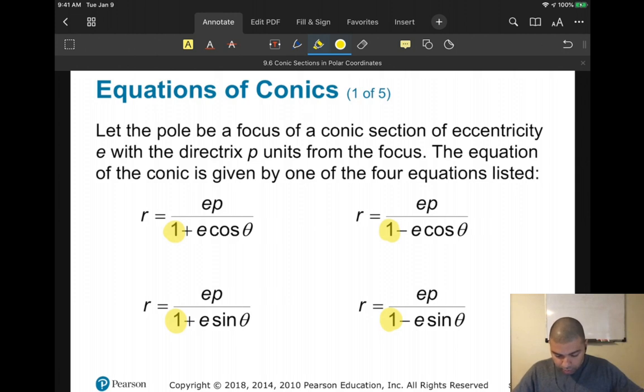Then, depending on whether this is a cosine or a sine, you're going to decide whether your major axis is horizontal or vertical. If it's a cosine, it's horizontal. If it's a sine, it's vertical. The way I remember this is because x is r cosine theta and y is r sine theta. So cosine means x, which is horizontal. Sine means y, which is vertical. That's how I remember this as well.